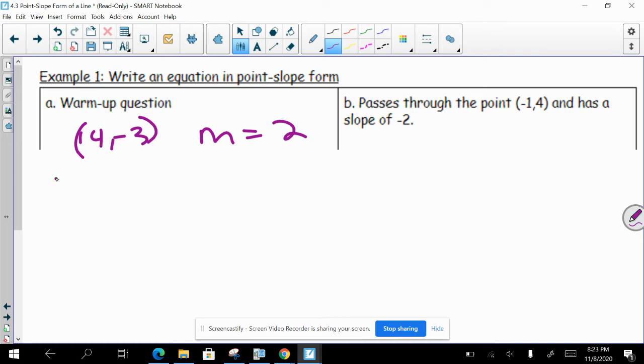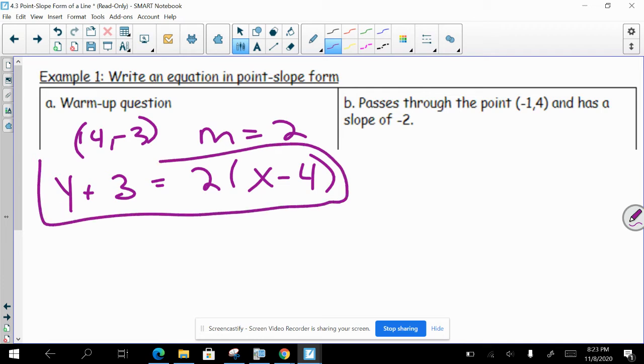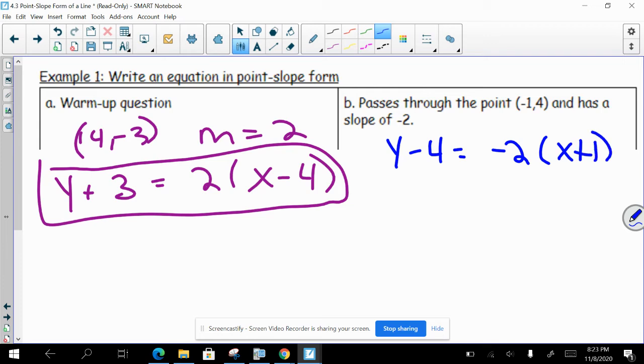So we'll do y minus y1, which would be y plus 3, equals 2 times x minus x1, which is 4. That's the equation in point slope form. And then part B passes through the point (-1, 4), has a slope of -2. So this would be y minus 4 equals -2 times x plus 1, since the 1 is negative.